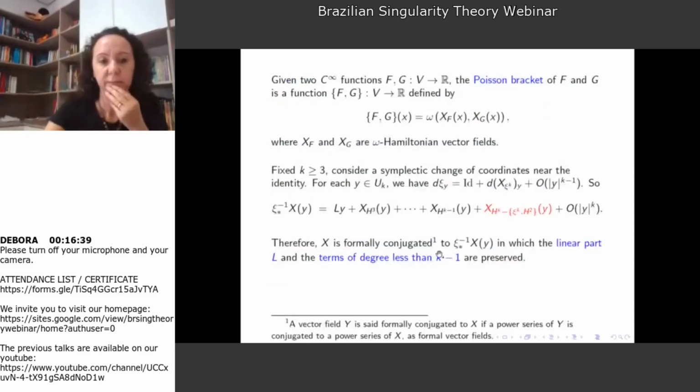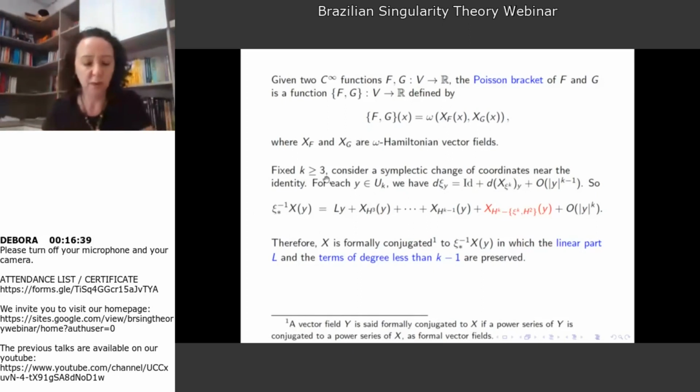Okay, but what happens if we consider the new vector field induced by the diffeomorphism Xi? If we fix k, we go jet by jet. For each k, we have a homogeneous polynomial.